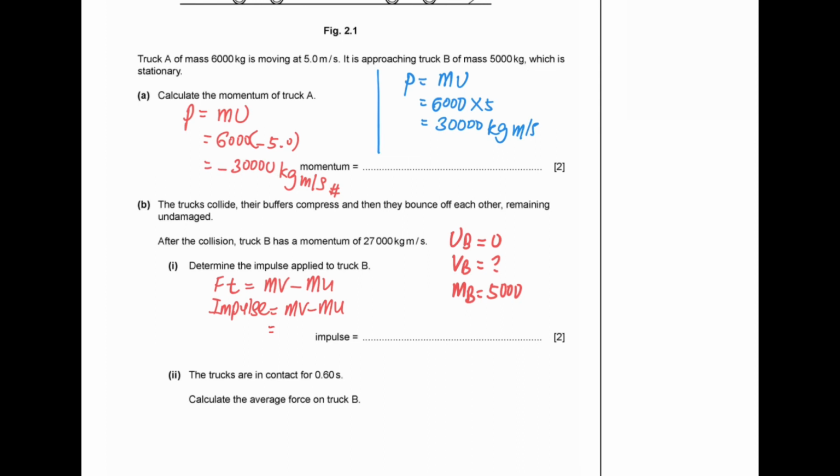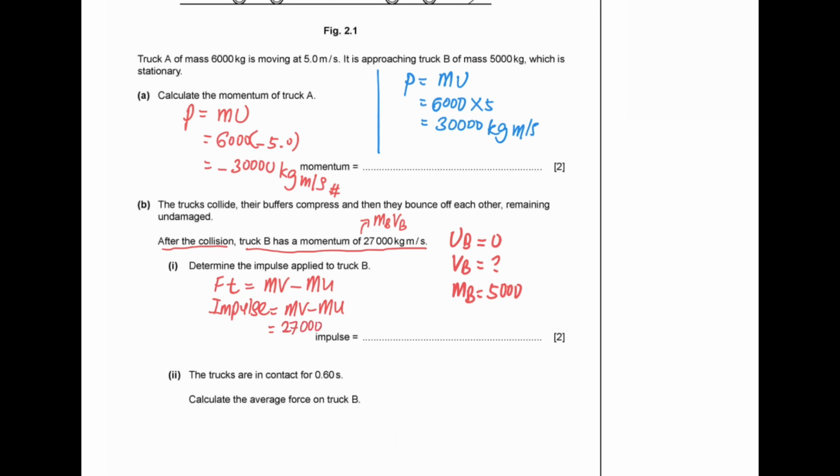Now we substitute and check what happened. Although we don't know VB, we are still able to do it because after the collision, truck B has a momentum of 27,000. So this is MBVB. You know, momentum after collision is MBVB.